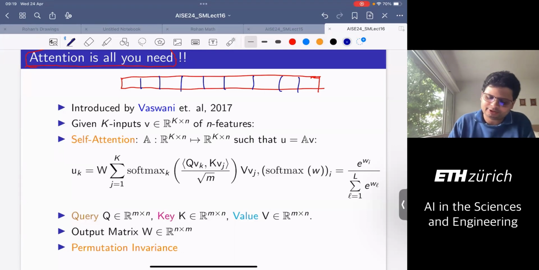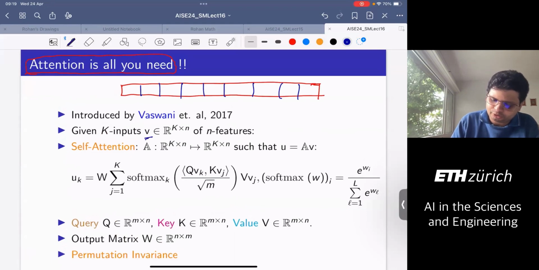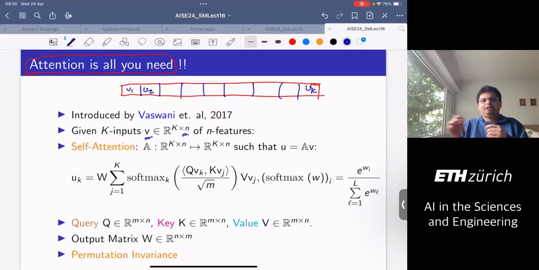The input is going to be a vector v, so this is v1, v2, all the way up to v capital K. Think of a discretization of a one-dimensional function, and each of these is a vector of n dimensions or n features. So you have, for instance, a one-dimensional vector function discretized at different points in space. It's a very simple understanding.